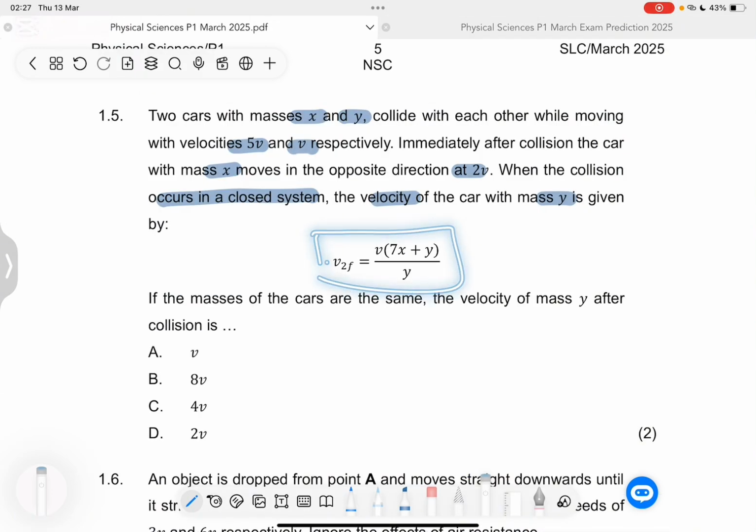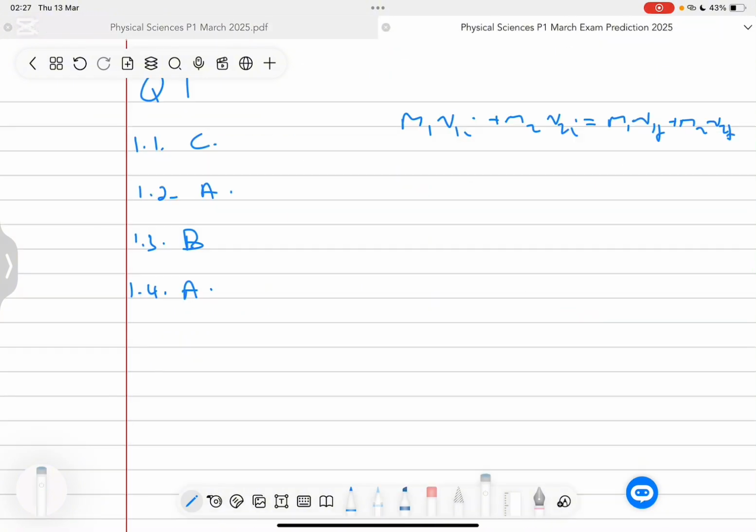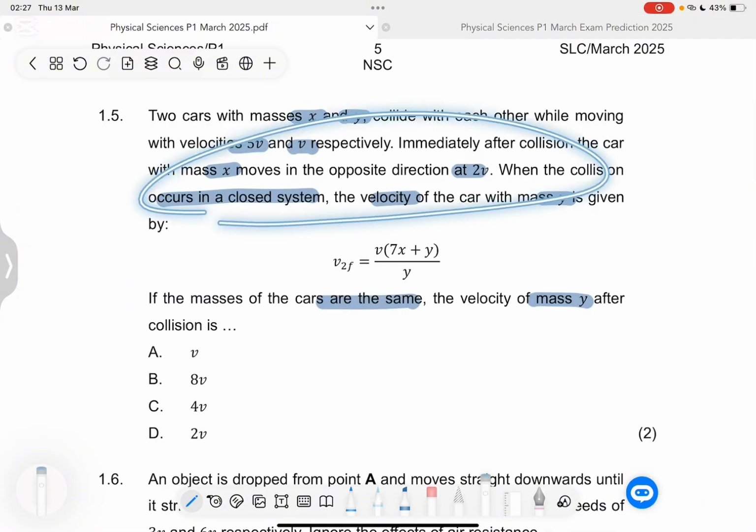Now, in this question, they then say, look, if the masses of the cars are the same, the velocity of mass y after collision is. Now, what we're saying here is that if the masses are the same, remember we said that M1 is equal to x and M2 is equal to y. That's what we said at the beginning of the problem.